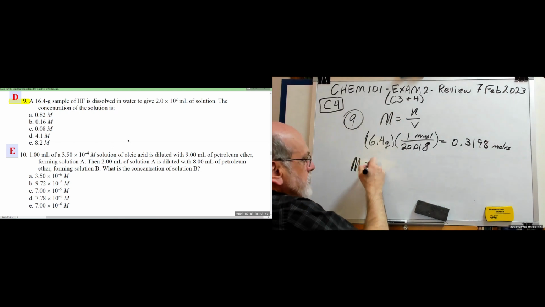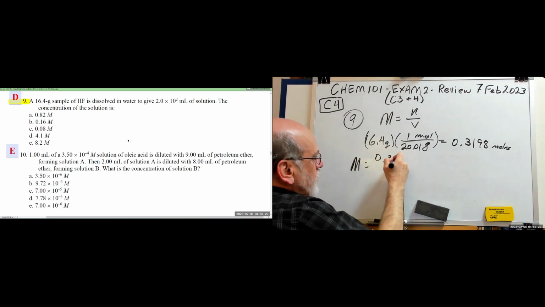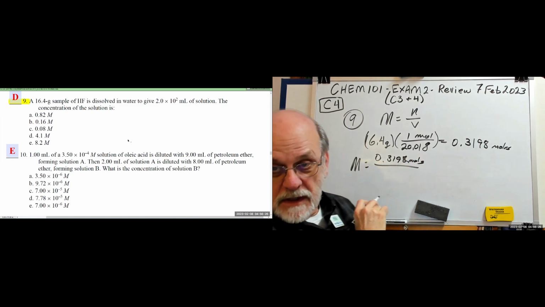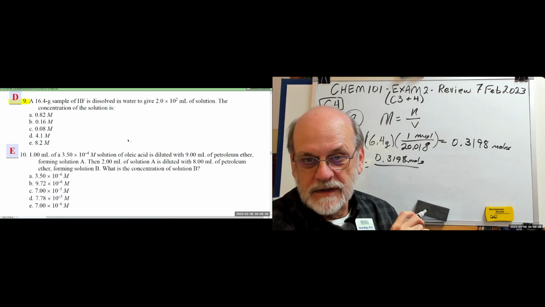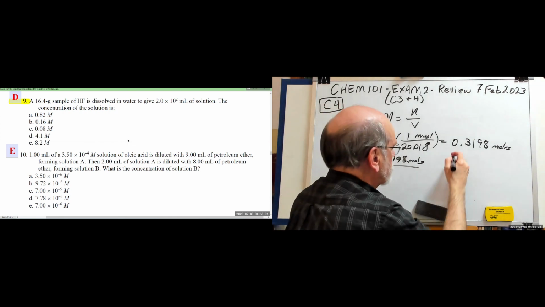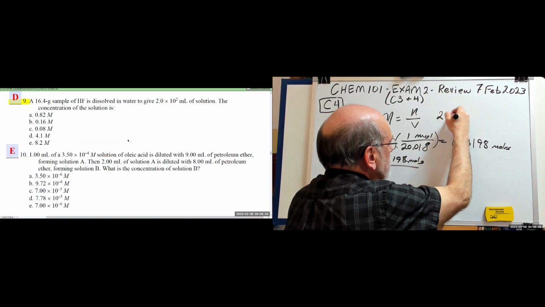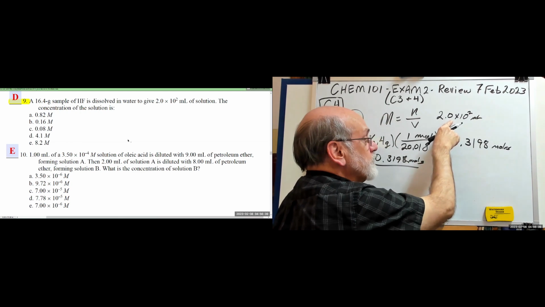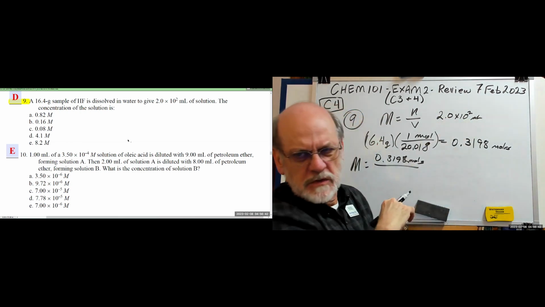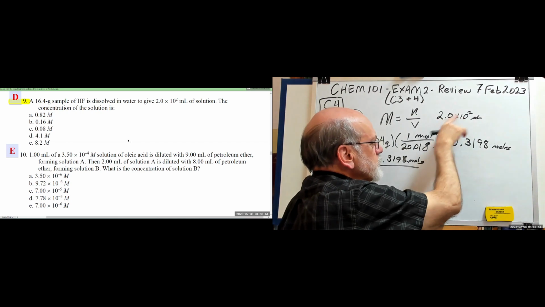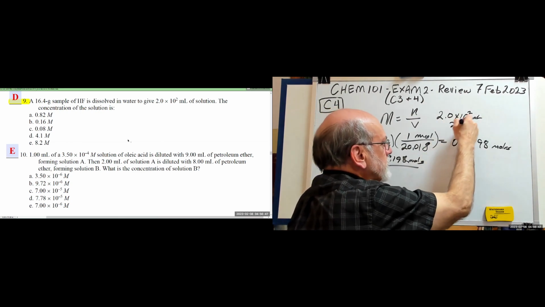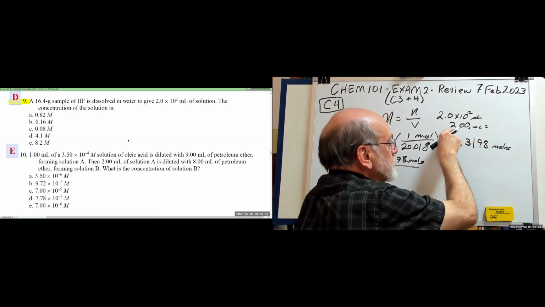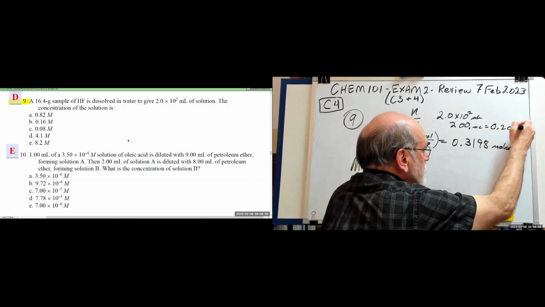So the molarity now is 0.3198 moles in how many liters? 2 × 10² milliliters is how many liters? First, we need to convert it to standard notation. So 2 × 100 is 200 milliliters, which means 0.200 liters.